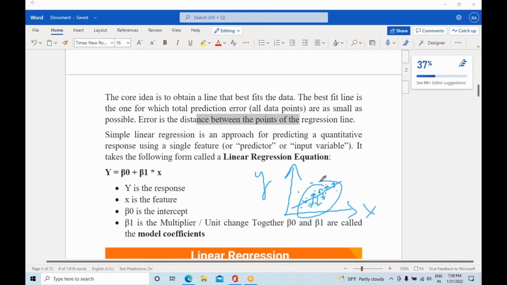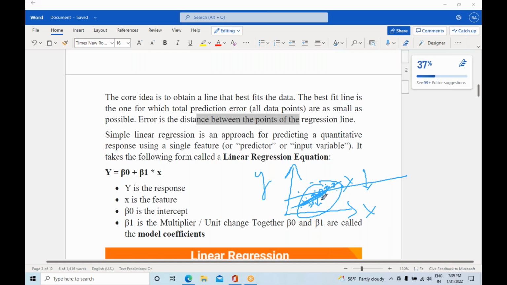When you sum all of these up, you have to get the error very small; we should decrease it. Sometimes you can take a line something like this, but if the sum of errors of all points with this regression line is high, then we won't consider that line. Ultimately you have to figure out the best fit line which gives the minimal error.